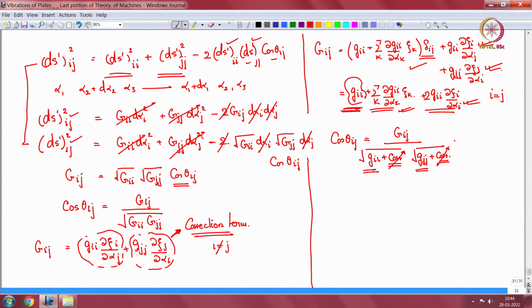So this I am going to write as G_ij by square root of G_ii square root of G_jj.